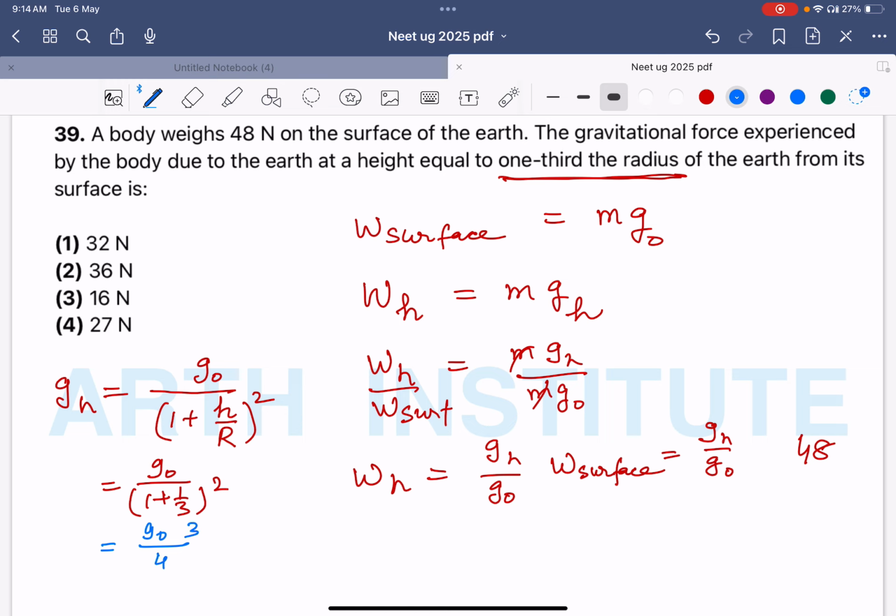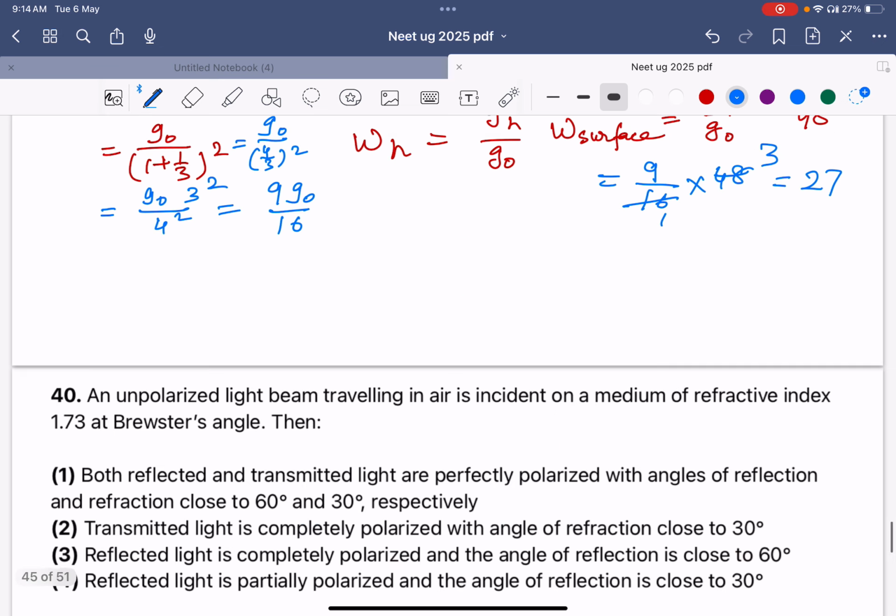So 3 will go in the numerator. So this will be 9 g naught divided by 16. So gh by g naught is 9 by 16. 9 by 16 into 48 is equal to 27. So weight at a height h equal to 1/3 radius of the earth will be 9 by 16 times the weight on the surface, and this comes out to be 27 Newton.